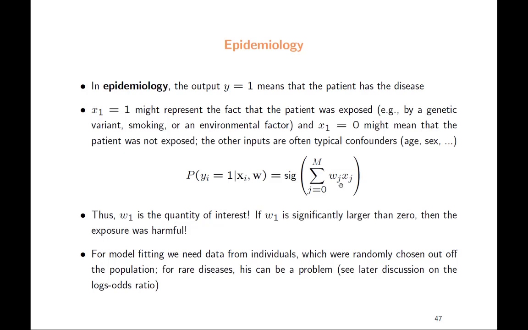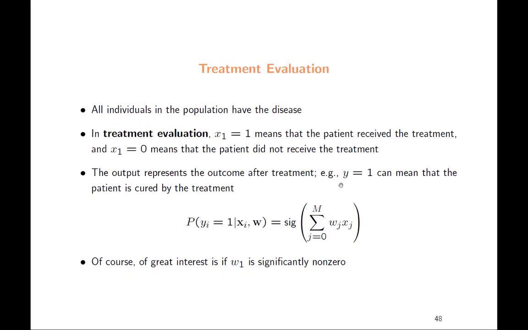But then the genetic factor would be the confounder. The solution, if you can measure the confounder, is to add it as an input to the model. If you cannot directly measure the confounders, there are also a few things you can do, but that's pretty advanced and pretty tricky to apply.